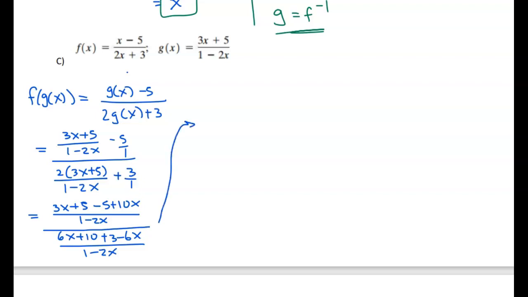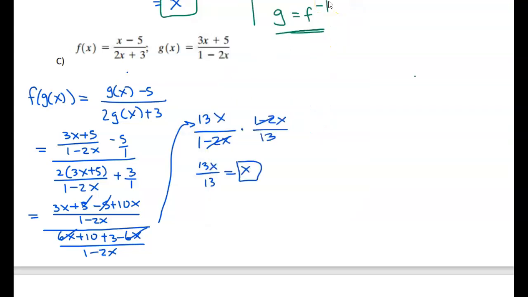Right, which is going to be 13x over 1 minus 2x. Flip this over, 1 minus 2x over 13. These cancel out. 13x over 13 equals x. Wow, it worked that way.